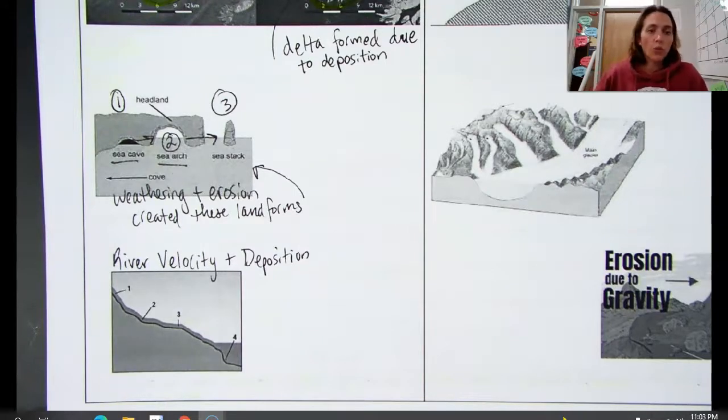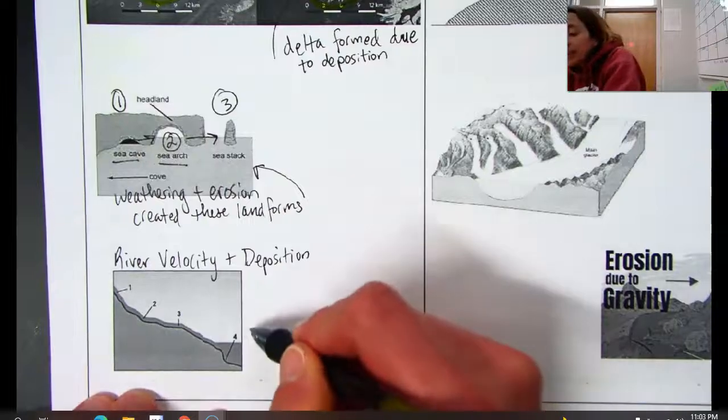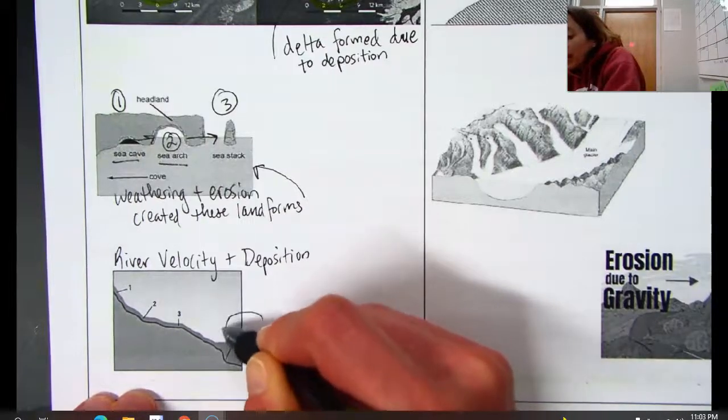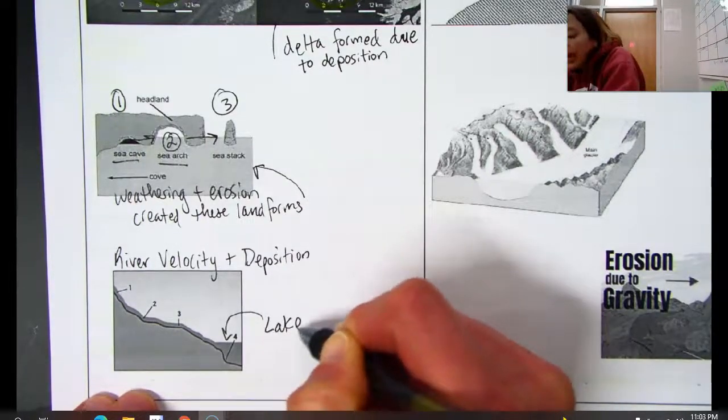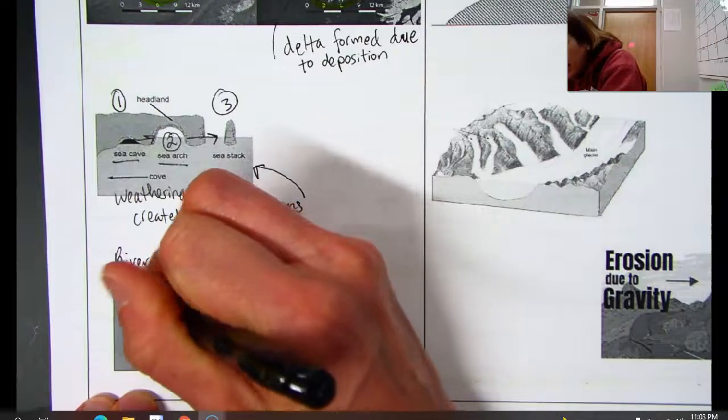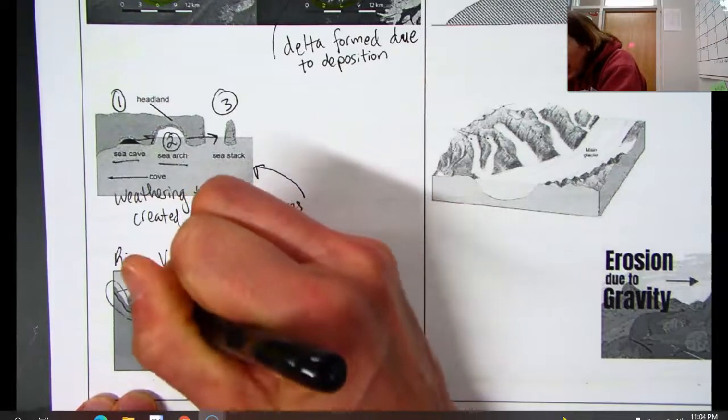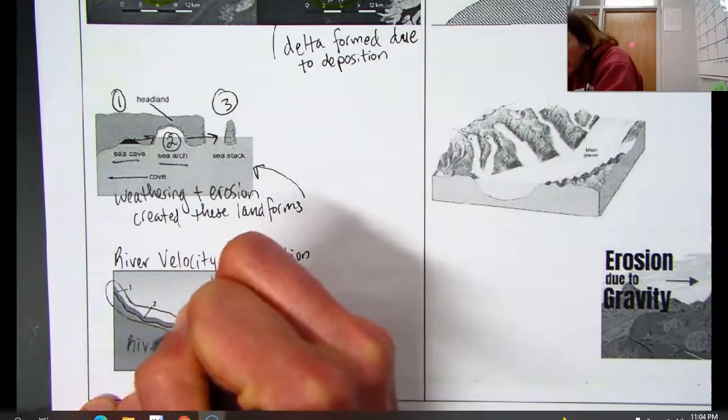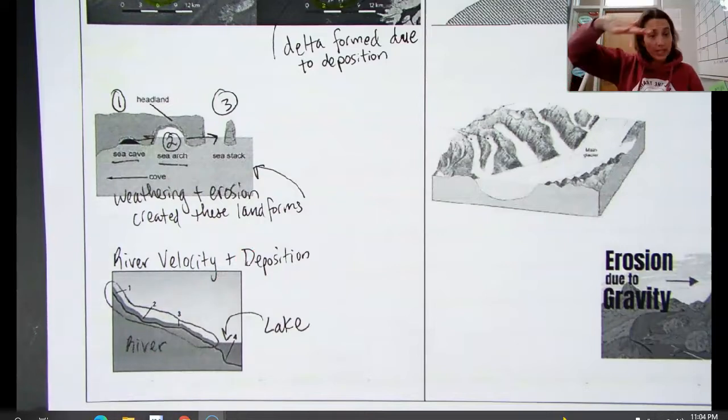So if I asked you where is the river flowing the fastest, you would look for the steepest gradients. So between 1 and 2 or 3 and 4. Okay? Now, take a look at this carefully. This right here is a lake. This right here is the river going downhill to that lake.